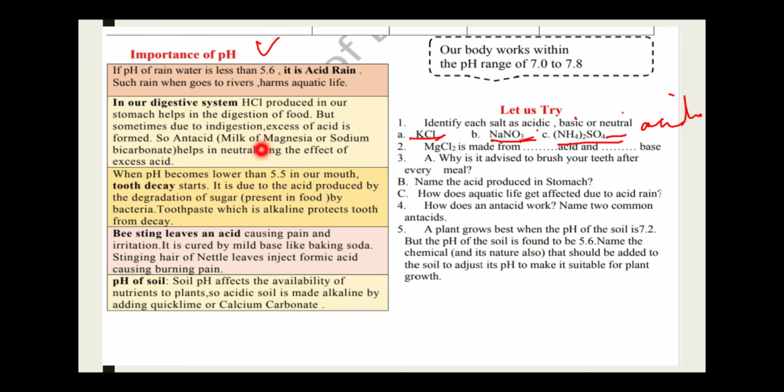When you have excess acid, it means you have excess H ions in your body, so you have to put OH ions in your body. You drink plenty of water, and you can have antacids which have bases in them, so they cause the neutralization reaction.